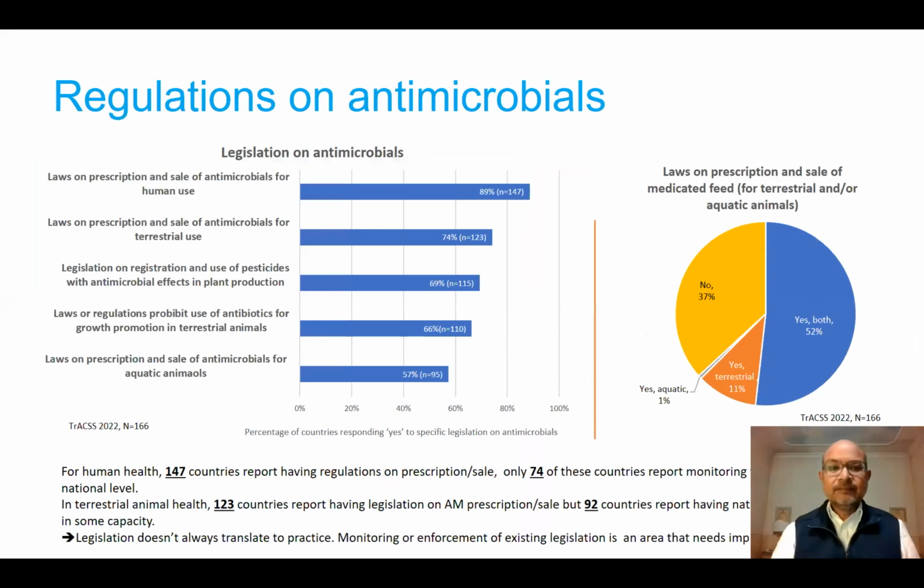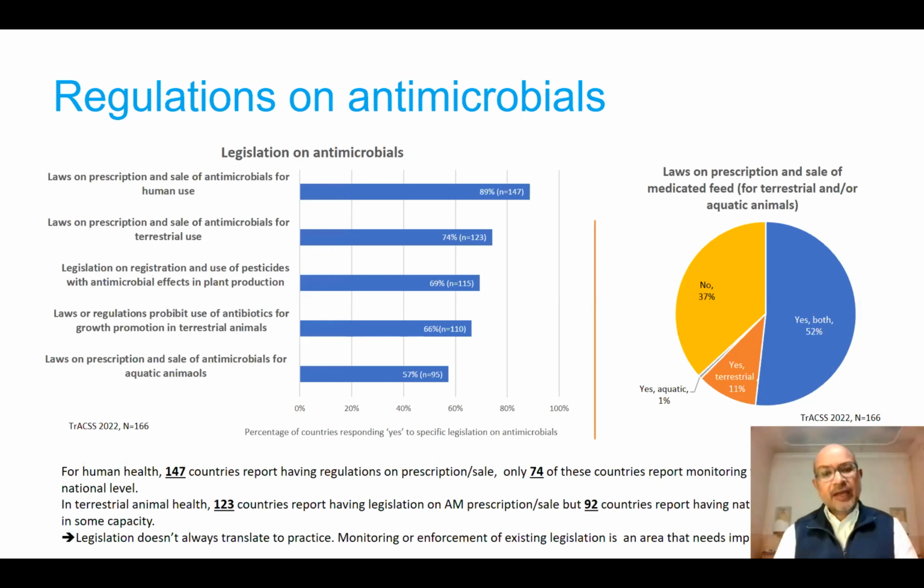In terms of regulation on antimicrobials, this is interesting because close to 90% of the countries say that they have regulations on prescription and sale of antimicrobials for human use and for the other sectors.